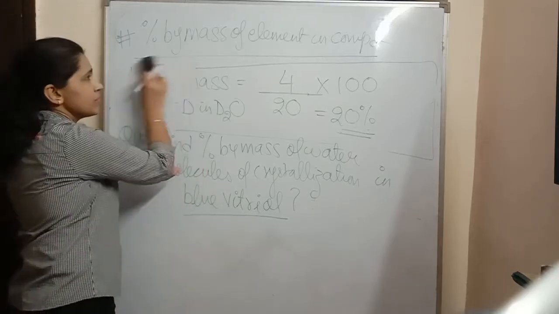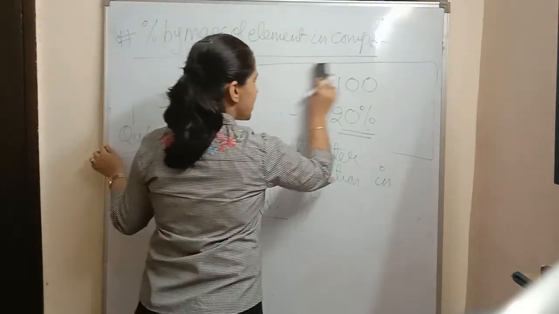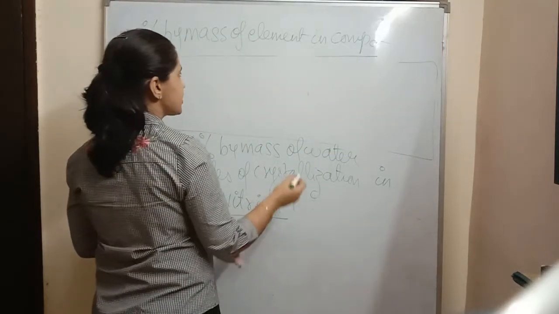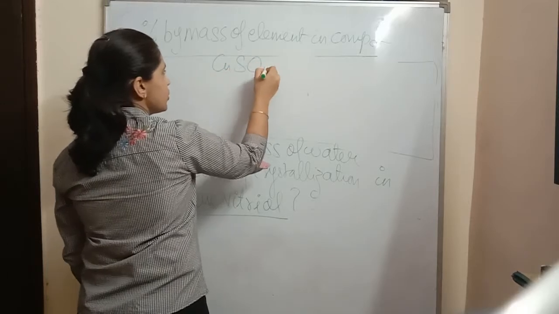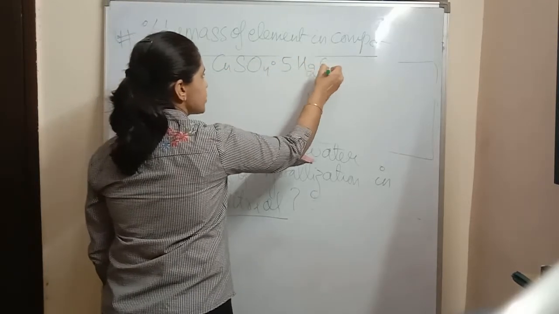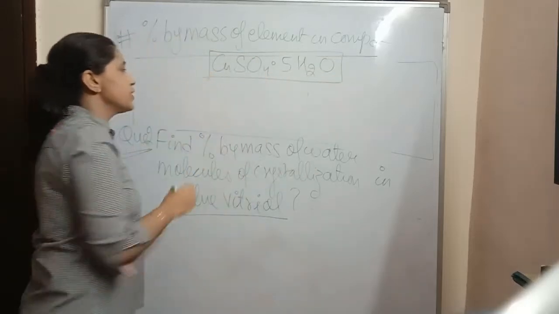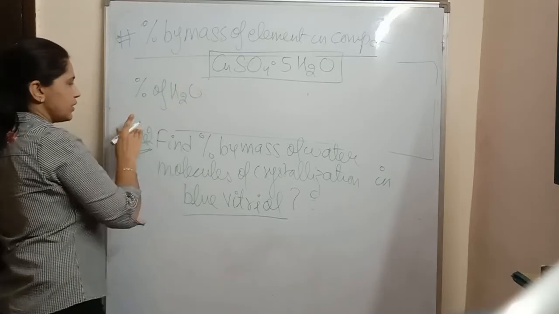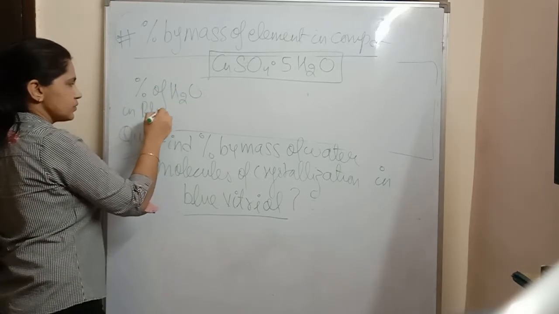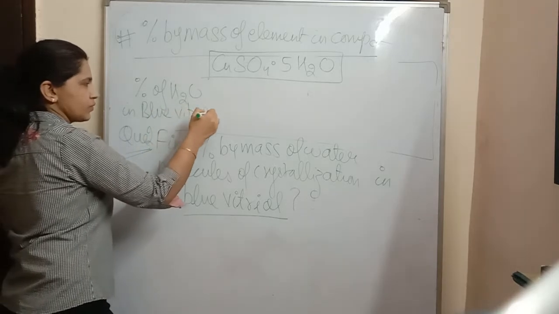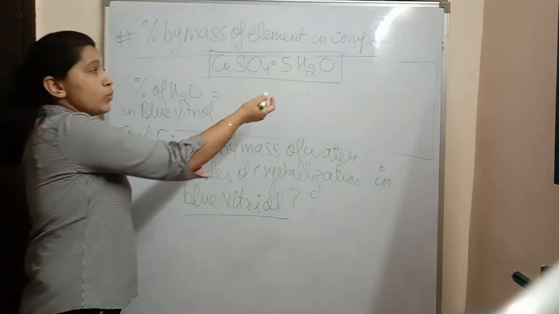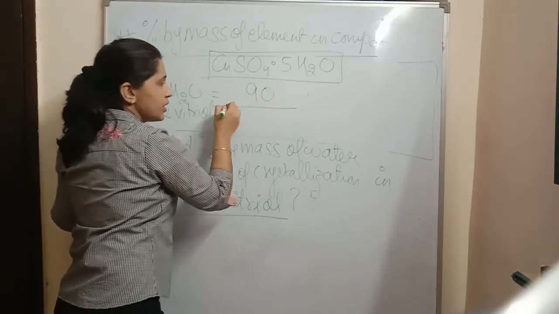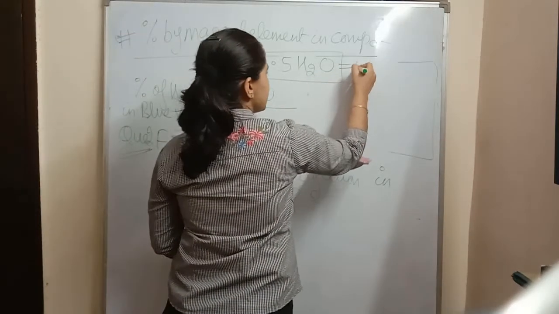How will you do it? What is the percentage of water molecules in blue vitriol? What is blue vitriol? Blue vitriol is nothing but CuSO4.5H2O, right? So we are interested in the percentage of H2O in blue vitriol. How much water? 18 times 5 is 90, upon its molecular mass.